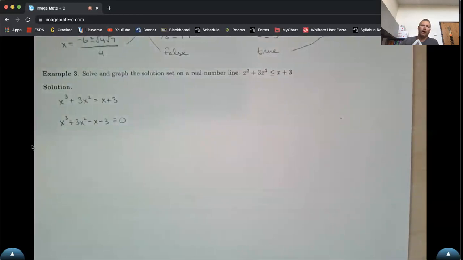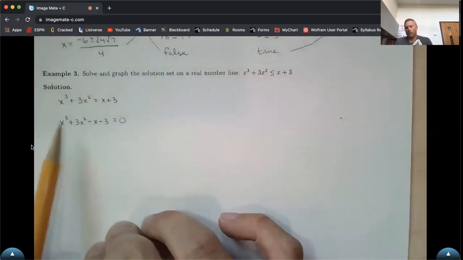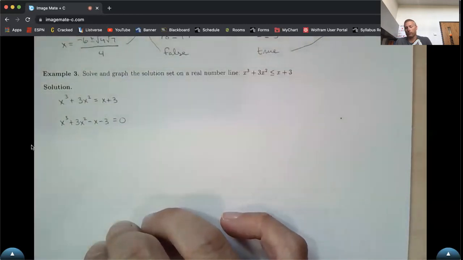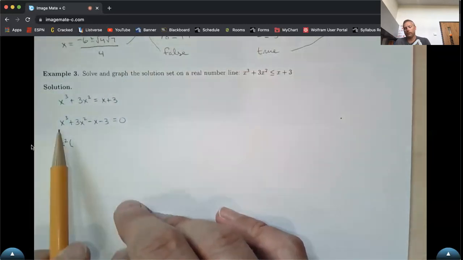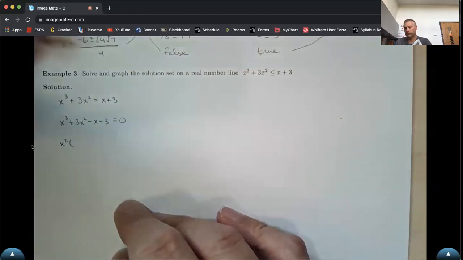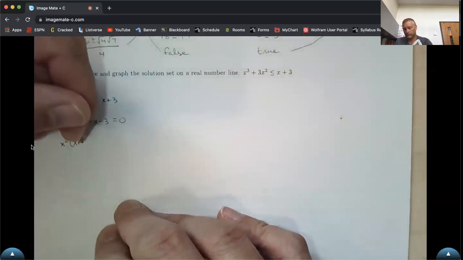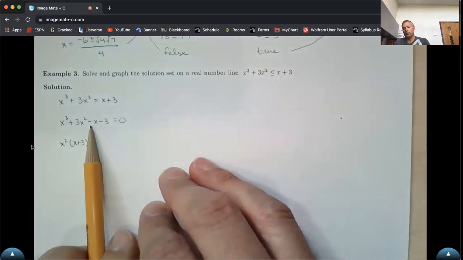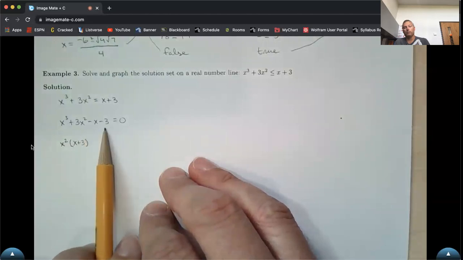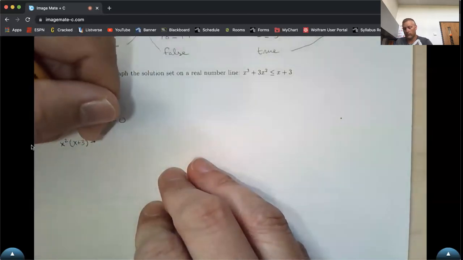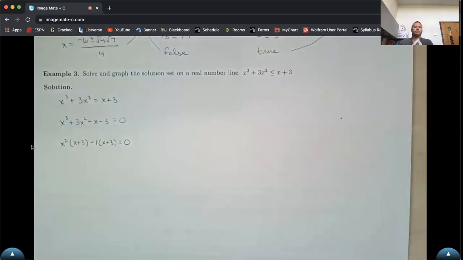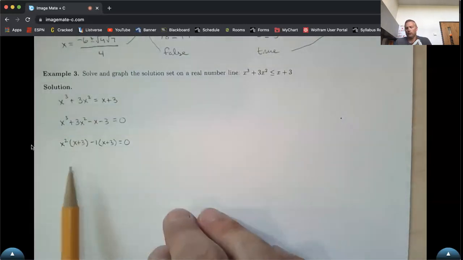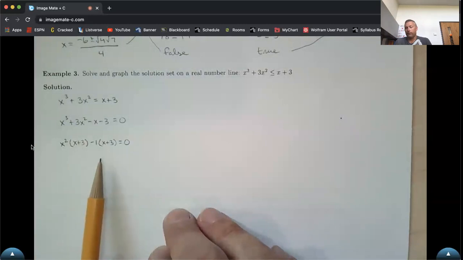We can try to factor this by grouping. It has 4 terms, so it makes sense to try that. We can factor out an x squared from the first group, leaving us with x plus 3. You could factor a -1 from the second group, again leaving you with x plus 3. You now have a common factor of x plus 3.